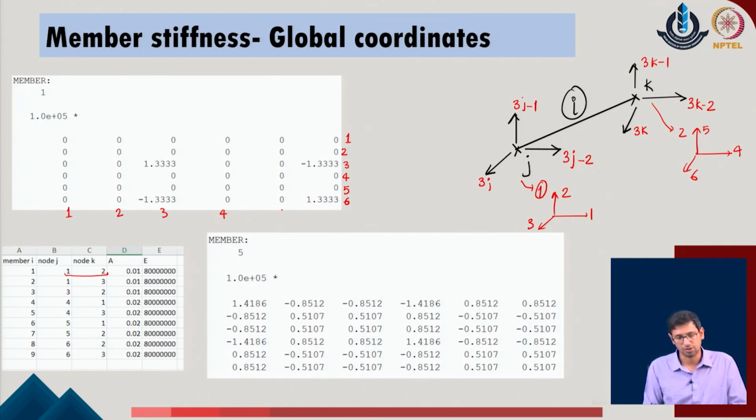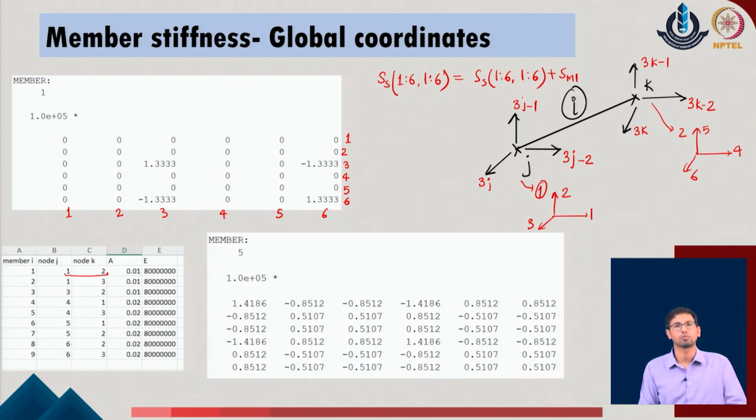While doing it, we should not remove the existing values; we will keep on adding the subsequent values in the given system. So in S_S, the structural stiffness matrix of the global system, in row numbers 1 to 6 and column numbers 1 to 6, we keep whatever existing values are there, and along with that we also add the contribution of the member 1 stiffness.